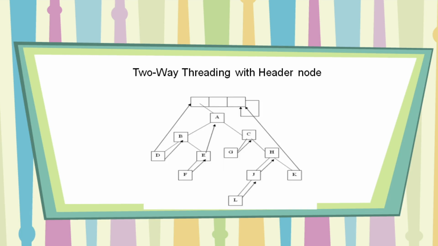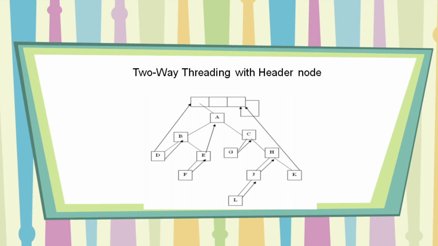Two-way threaded tree with header node. Here the leftmost node and the rightmost node will have the left pointer and the right pointer as null values respectively. The remaining structure is the same as a two-way threaded tree with a header node.